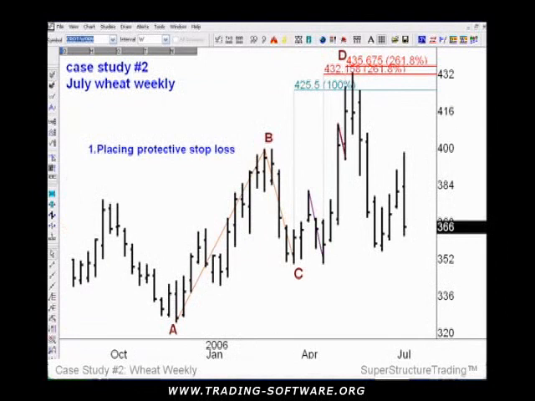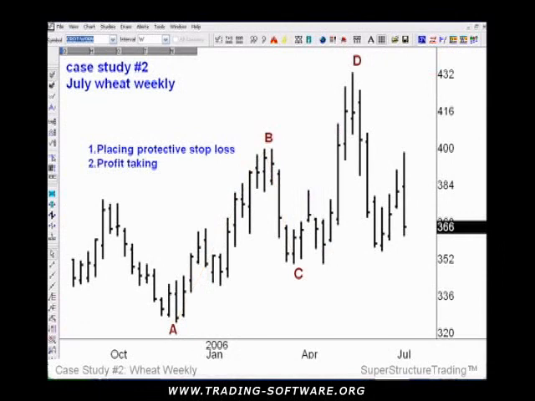Now let's talk about placing a protective stop loss and profit taking. We want to focus in on this A to D move. This is the whole move that is in consideration. Now we're going to look at this AD move like we did earlier in the G to H move.